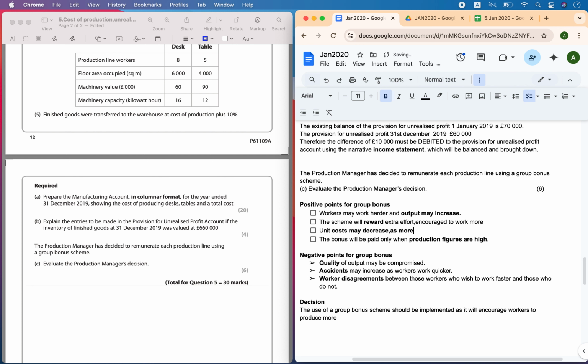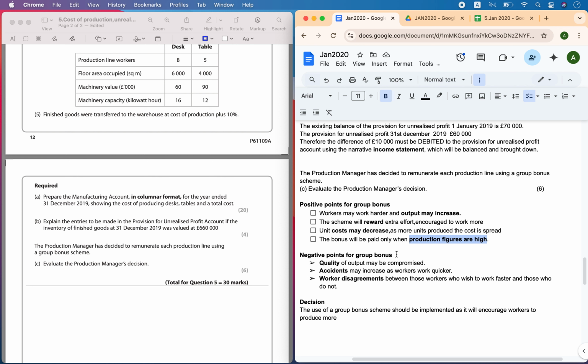As more units are produced, your fixed cost gets spread, and so you will have lower unit costs. Then the bonus will be paid only when the production figures exceed the targets.